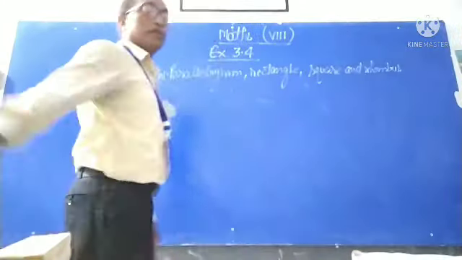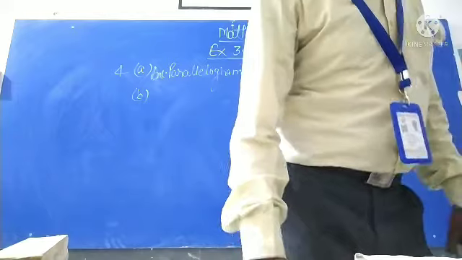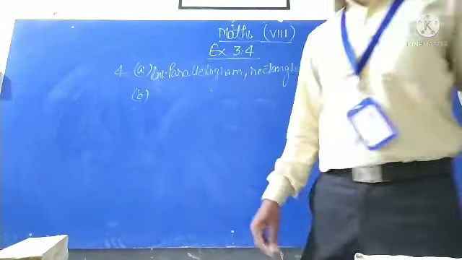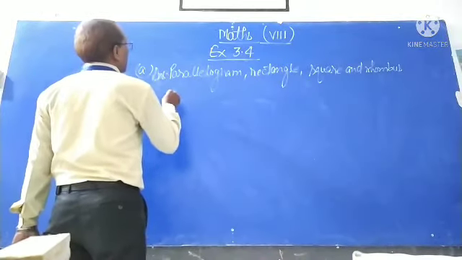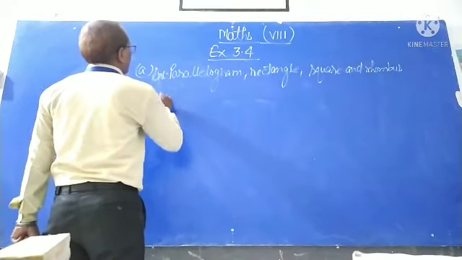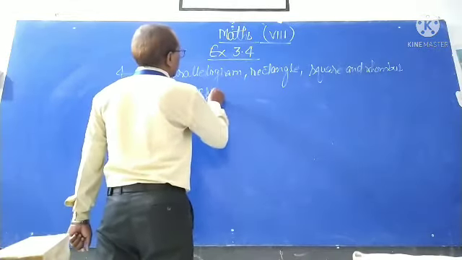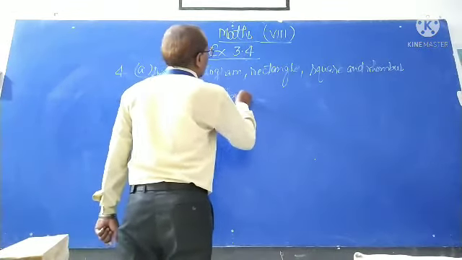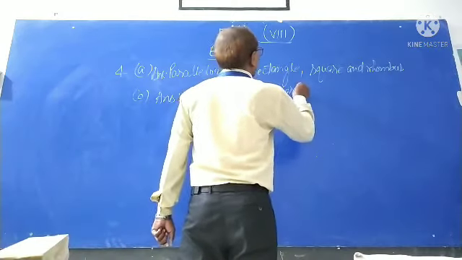B. Name the quadrilateral whose diagonals are perpendicular bisectors of each other. That is rhombus and square.